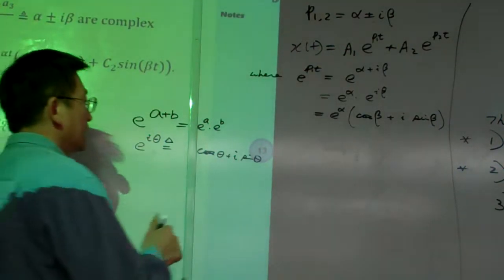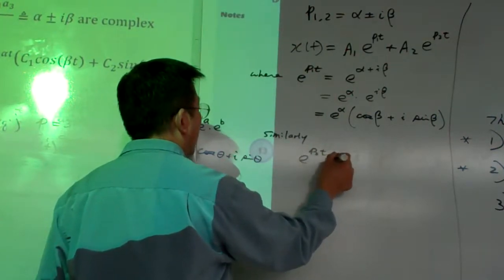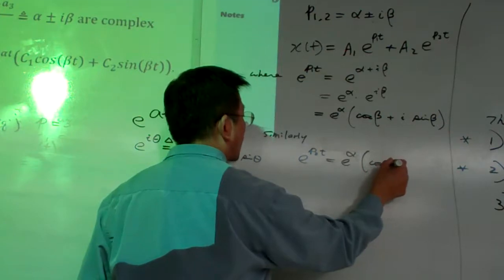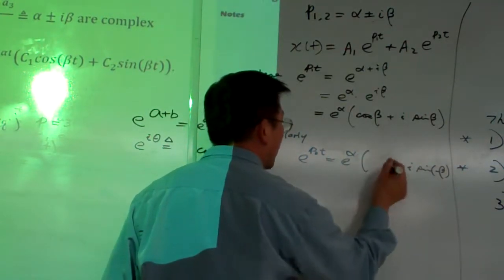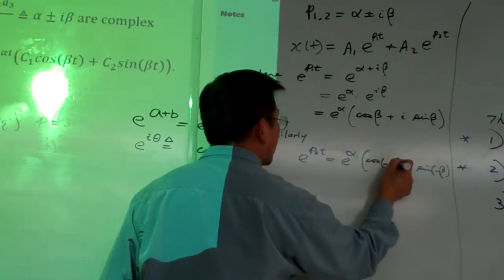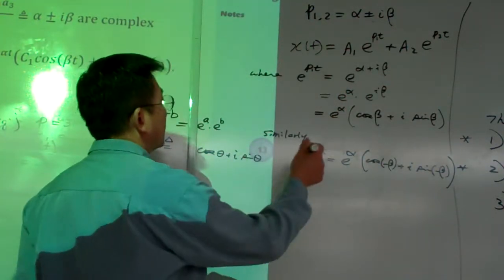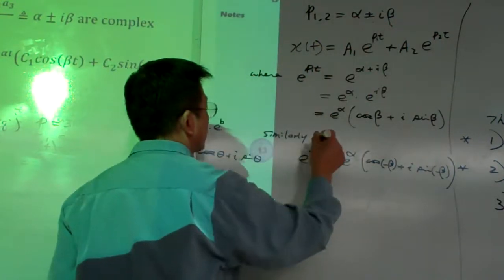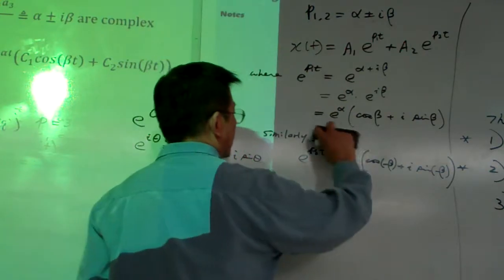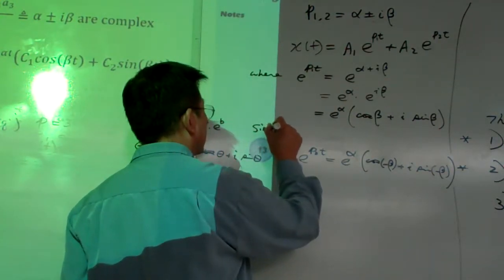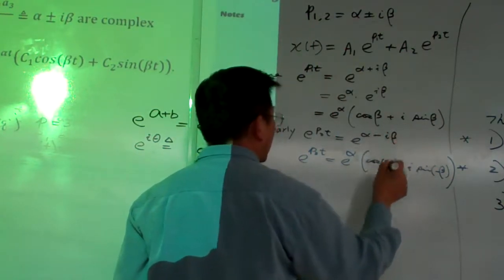Good? Good. So similarly, e^(p2 t) has the same process: e^alpha times cosine beta, and here I need to put cosine minus beta plus i sine minus beta, because for p2 we have e^(p2 t) equal to e^((alpha minus i beta) t).